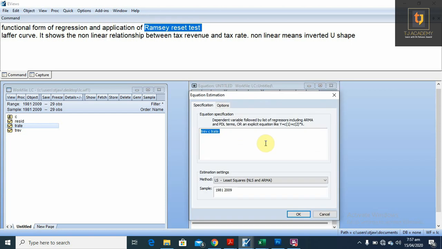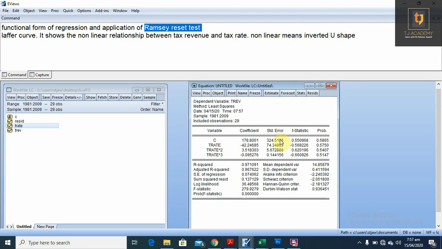So first we will start from the cubic function, taking tax rate with square and tax rate with cube.